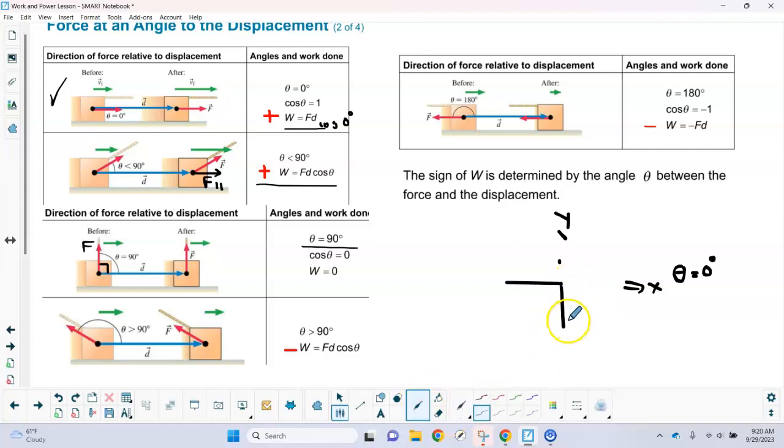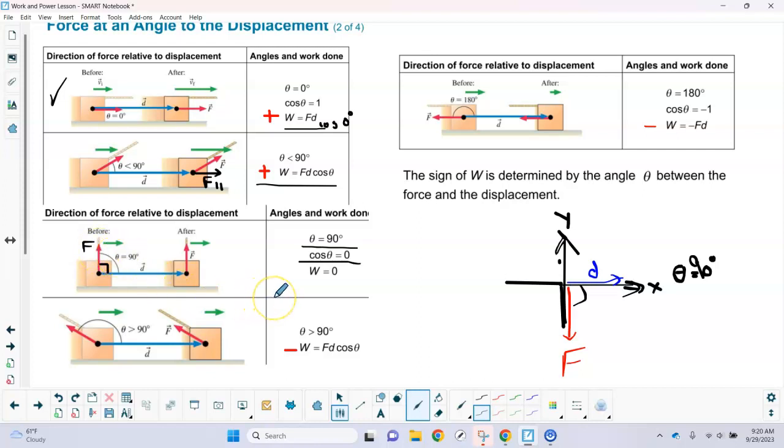If I draw those arrows back in for the x and y, I could have a force that is directed, say, down. So the force vector is pointing down, and my object is moving to the right, so I have the displacement vector to the right. There's 90 degrees between them, so theta would be 90. And if you put in cosine of 90, you get 0. So this force is doing no work.